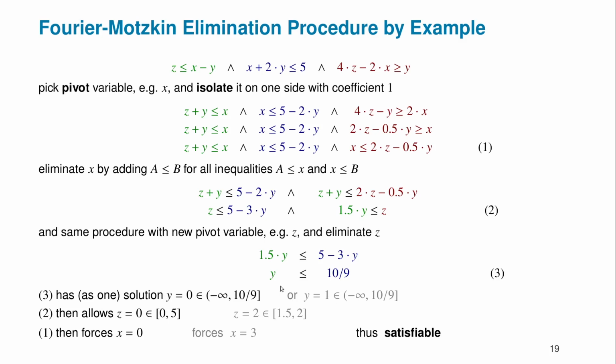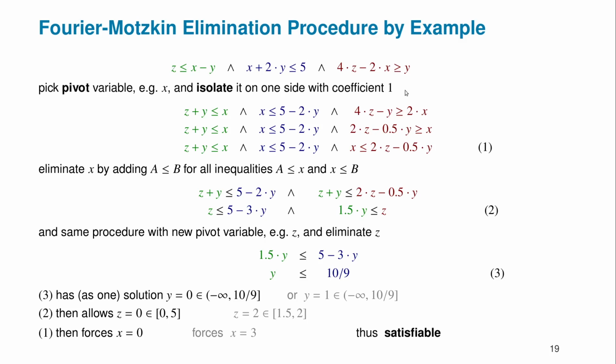Often there are many, but we pick one, and then we propagate and pick a solution for the z, and then we get a solution for the x. And with this we have a solution which satisfies these constraints up here, and therefore we can conclude that this set of constraints is satisfiable.